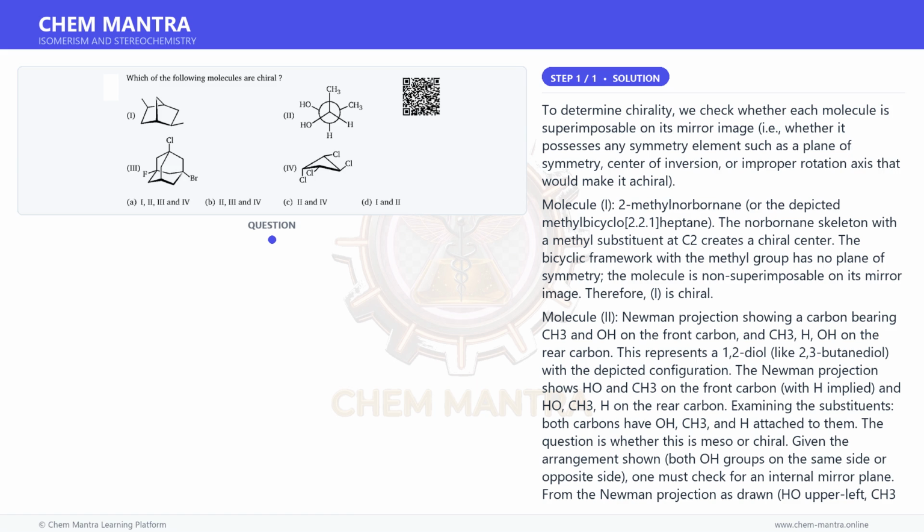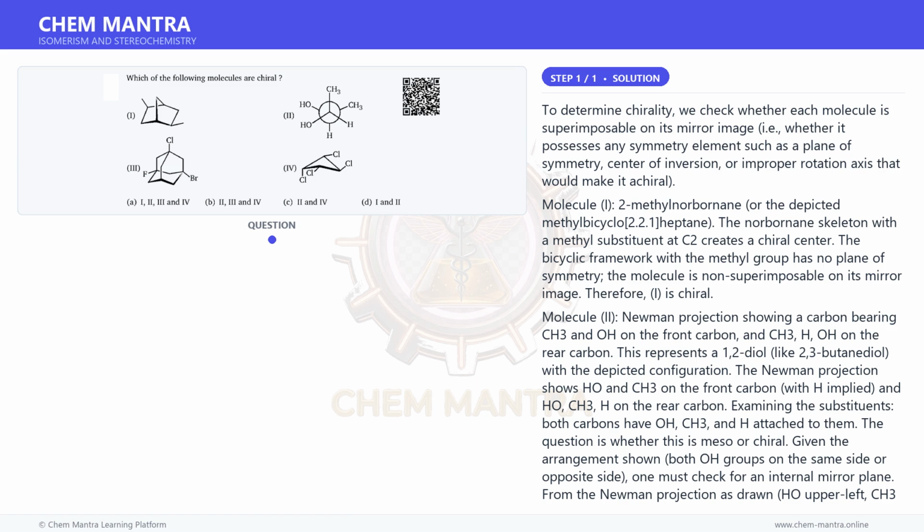Given the arrangement shown, with groups on the same side or opposite side, one must check for an internal mirror plane. From the Newman projection as drawn, O upper left, CH3 upper right on front, O lower left, H lower right, H bottom on rear. Interpreting the image, front carbon has CH3 top, O left, H right; rear carbon has CH3 right, O left, H bottom.